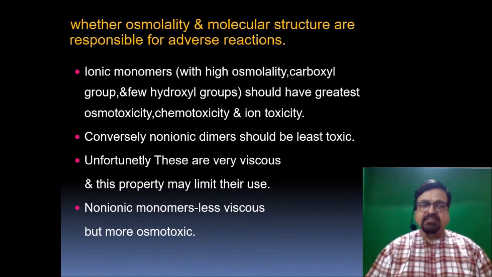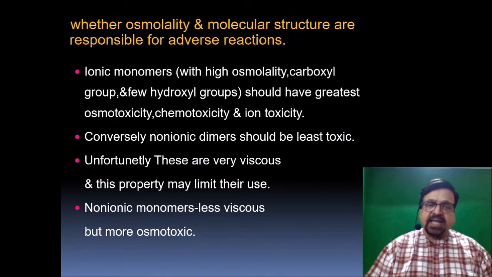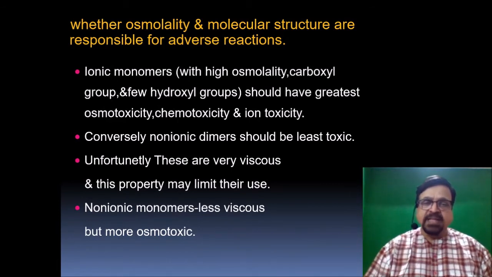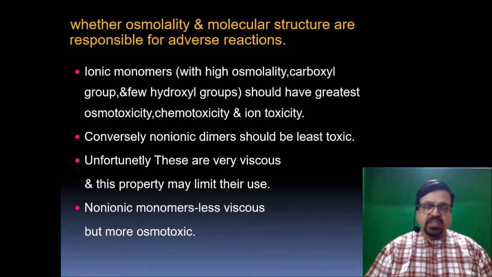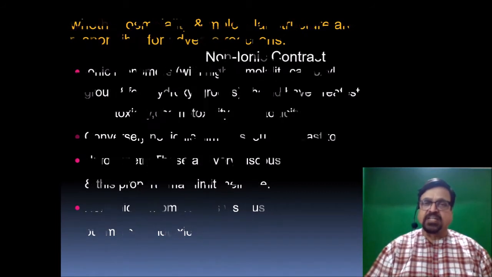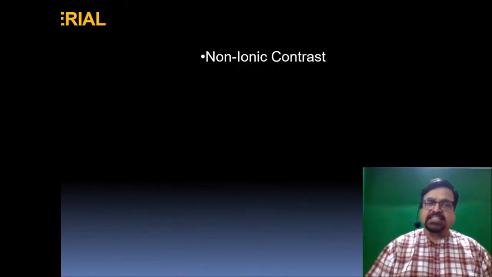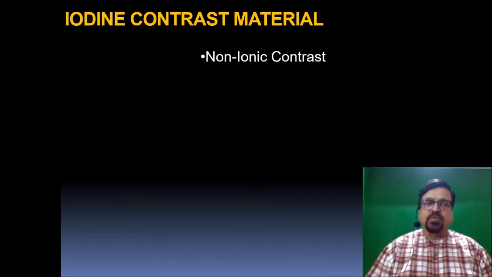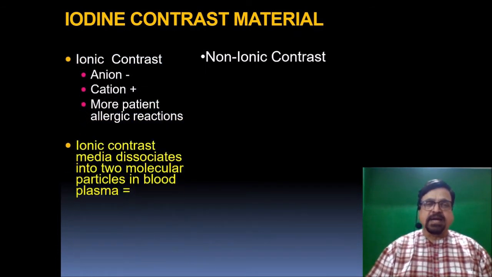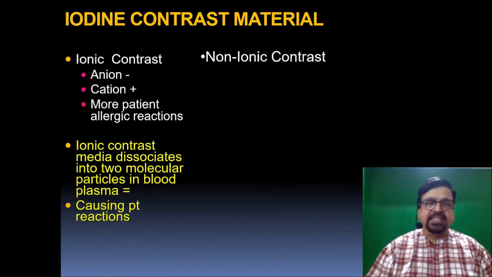Unfortunately, these are very viscous. So those which are least toxic are more viscous, and this property may limit their use. Non-ionic monomers are less viscous but more osmotoxic. So the balance has to be known, and we have to keep in mind what can happen with them.